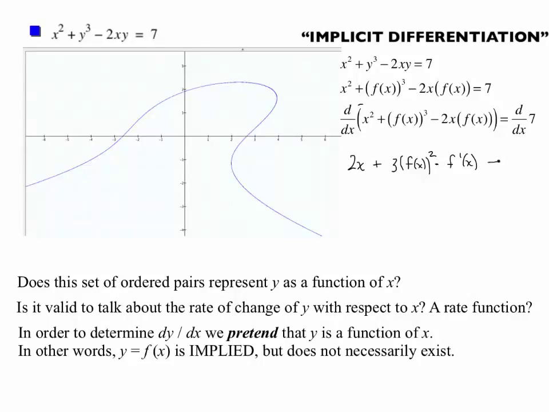Okay, minus. Here we go. First times rate of change of the second, plus rate of change of the first. Just put parentheses around it. So first times the rate of change of the second, plus second times the rate of change of the first. And that all equals rate of change of 7.